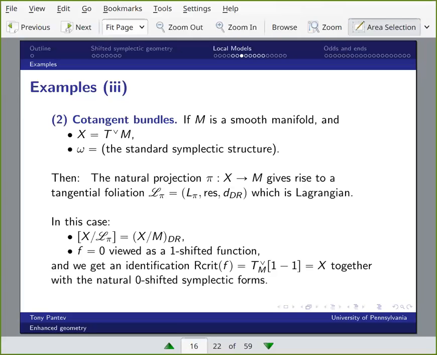Okay, all right, more questions? So Tony, you told me this is the Lagrangian example. The Lagrangian example for the minus one shifted case is written down in your paper, right? Yes. Which paper, the PTVV? You mean for the foliations?